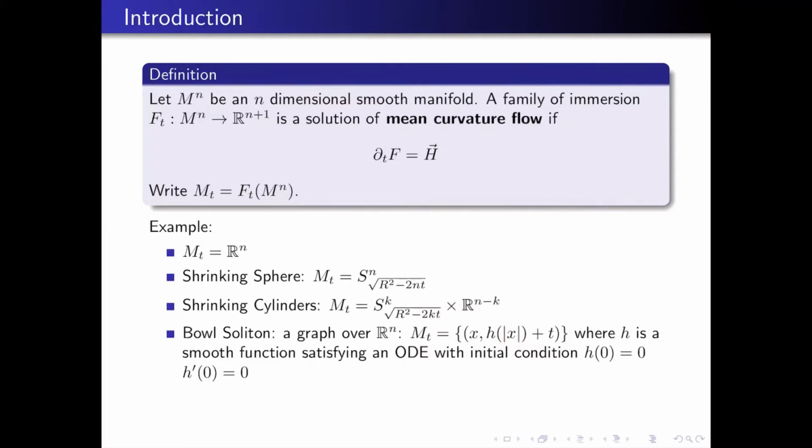And you can see from this expression that this solution is moving upwards at a constant speed. This h will be determined by a second order ODE with initial conditions h(0) equals 0 and h'(0) equals 0. So the bowl soliton looks like this.